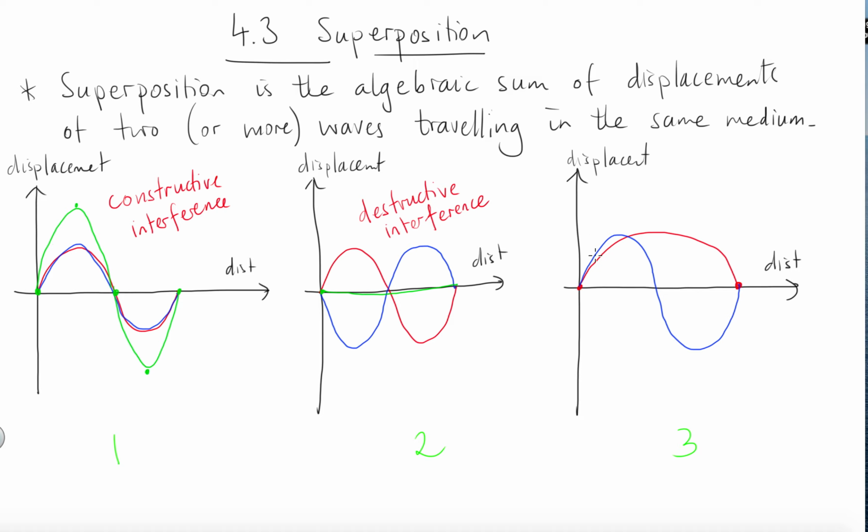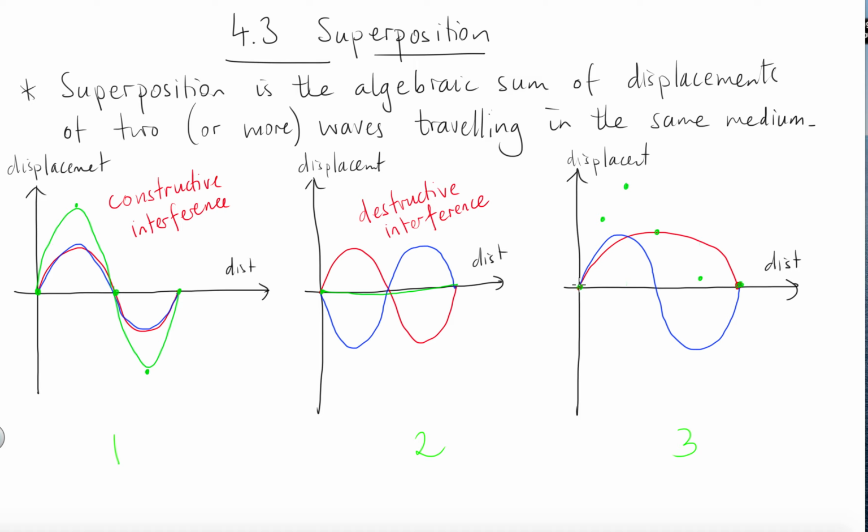Well, we'd have 0 displacements at the beginning and end. Here, since the blue has 0 displacement, the superposed wave is only going to have the displacement of the red, whereas here the two displacements are going to add up to make a larger displacement. Here there's going to be a larger displacement, but here the two displacements are going to cancel out.